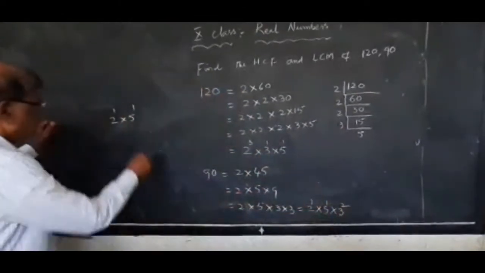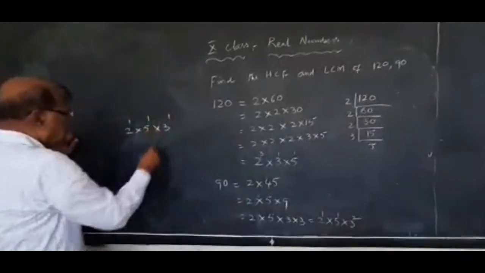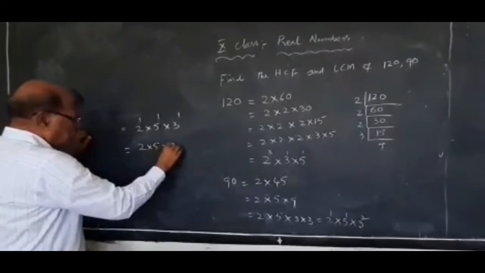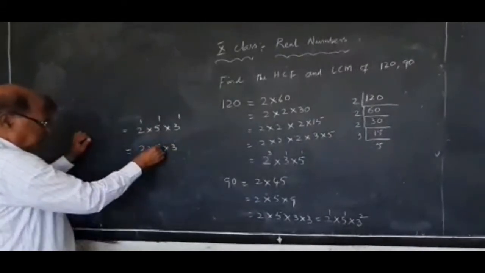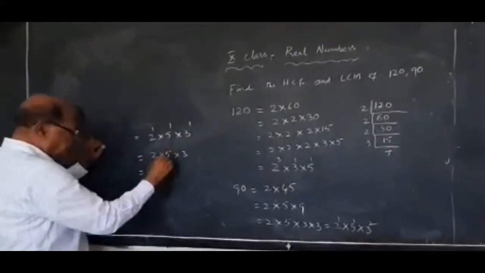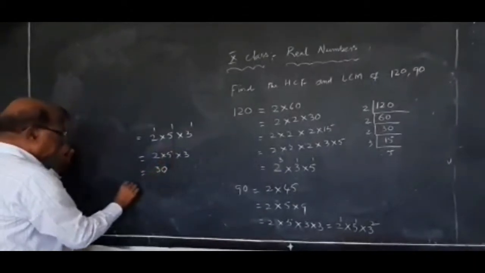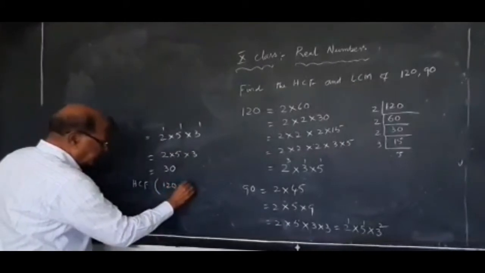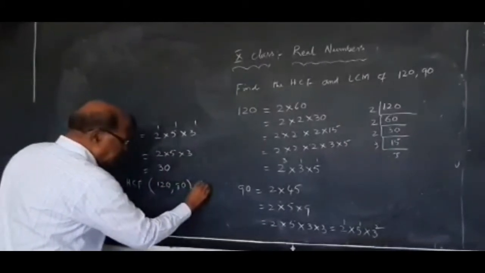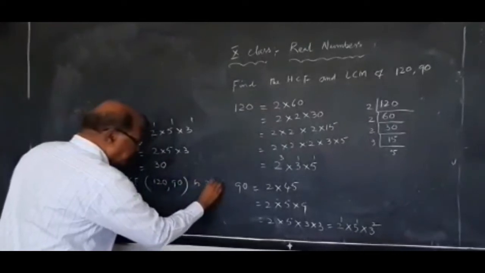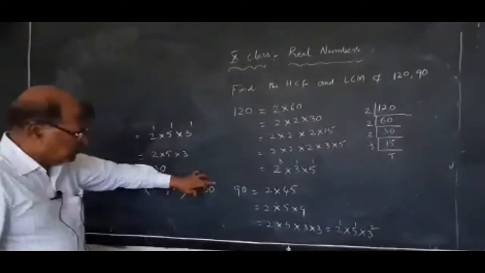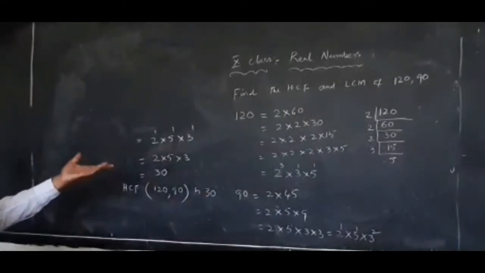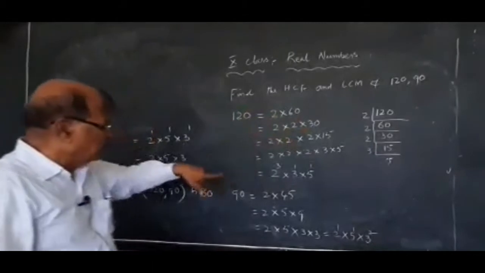So this is nothing but 2 into 5 into 3. 2 5s are 10, 3 10s are 30. So the HCF of 120 and 90 is 30. This is the way of calculating the HCF of two numbers by the factorization method.